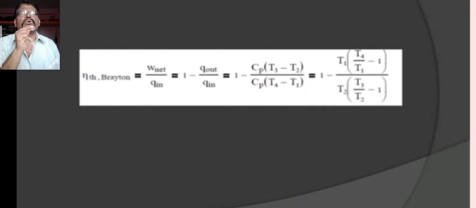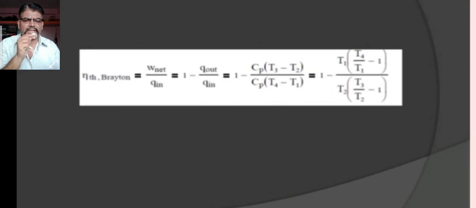Net work output divided by heat supplied, that is W net divided by Q in, or 1 minus Q out divided by Q in, that shall be written as 1 minus Cp (T3 minus T2) divided by Cp (T4 minus T1).